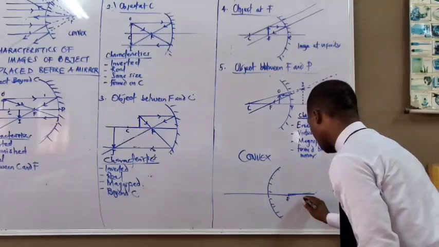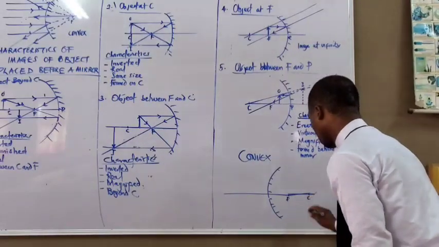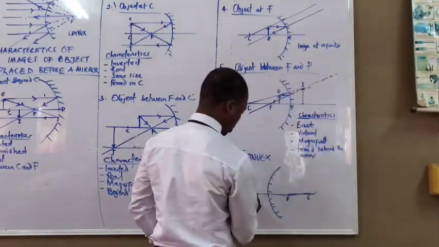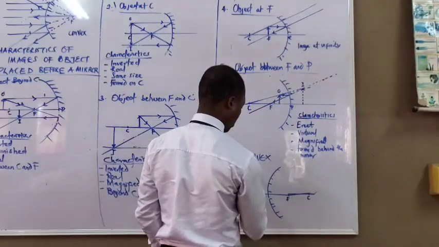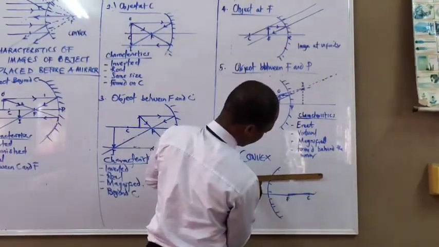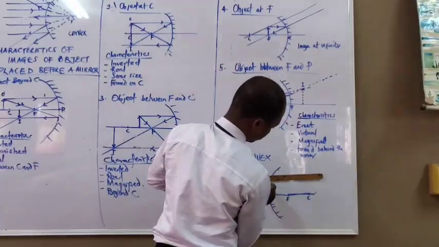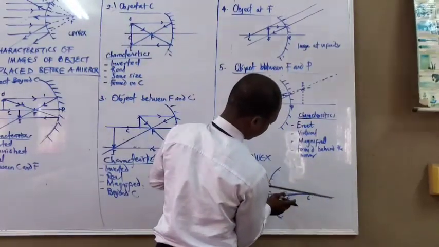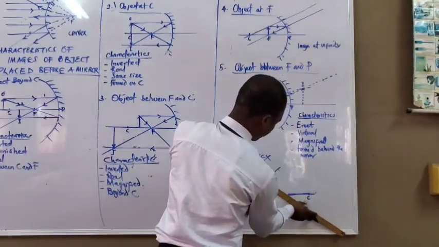The principal focus is here, and center of curvature is here. If I place my object here, the rays parallel to this pass through the principal focus.